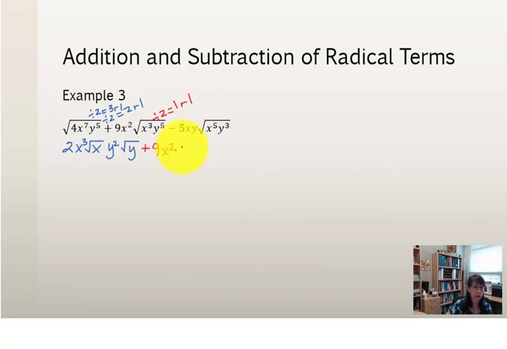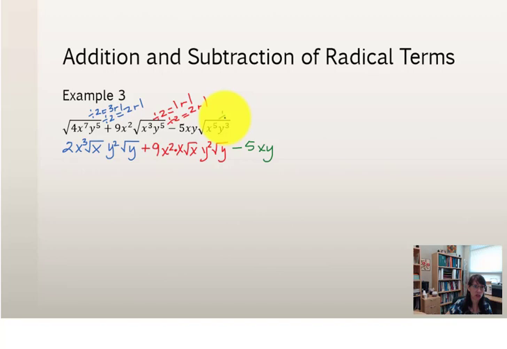So that means one more base of x clears and one base of x remains. 5 divided by the index of 2 gives us 2 remainder 1. So 2 bases of y clear, 1 base of y remains. For that last term, minus 5xy has already cleared, so we keep that portion.